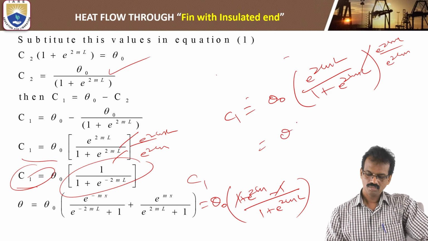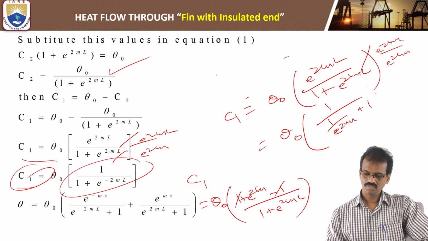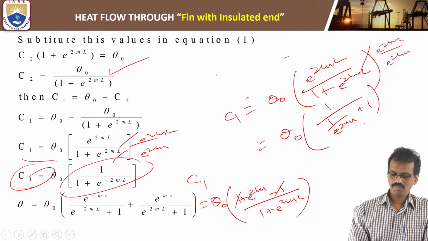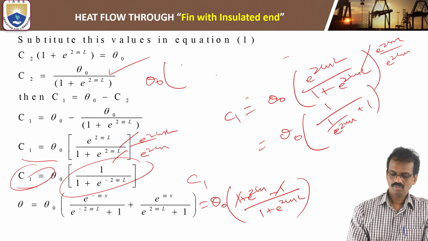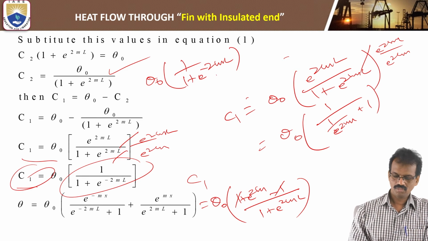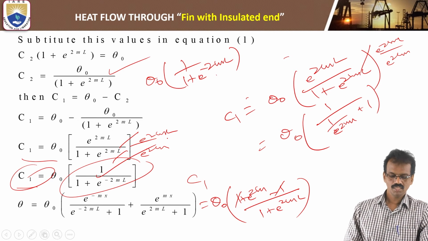Then this will be 1 by e to the power of 2ml plus 1. So theta naught into 1 by 1 plus e to the power of minus 2ml. So that is the value. Don't confuse that. This is the C1 value.